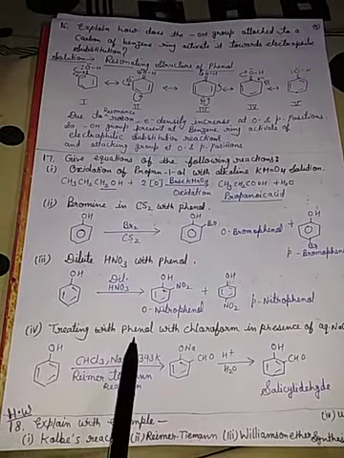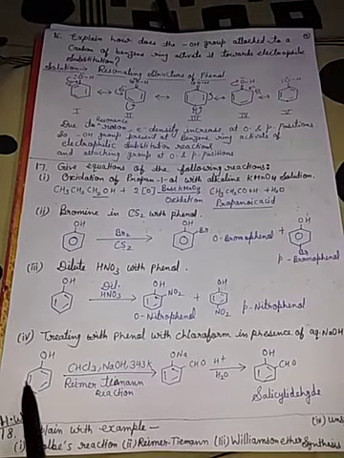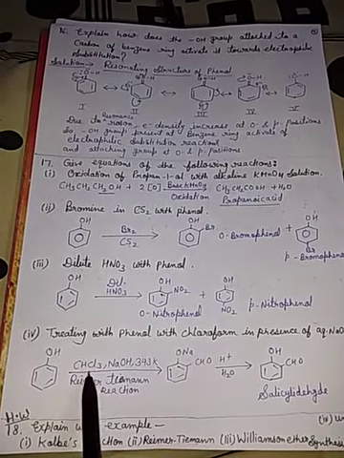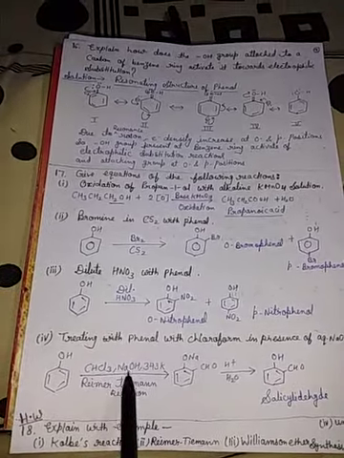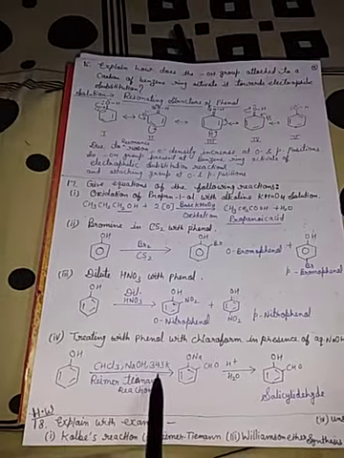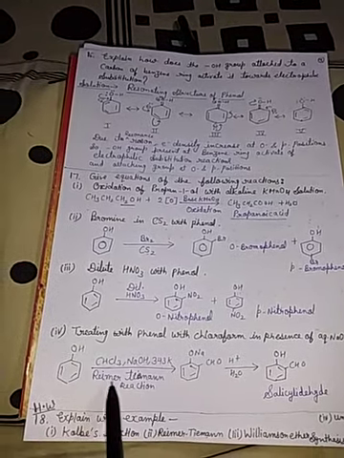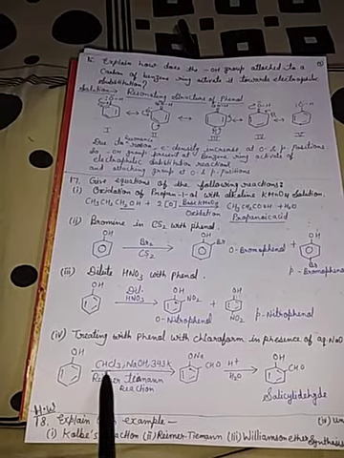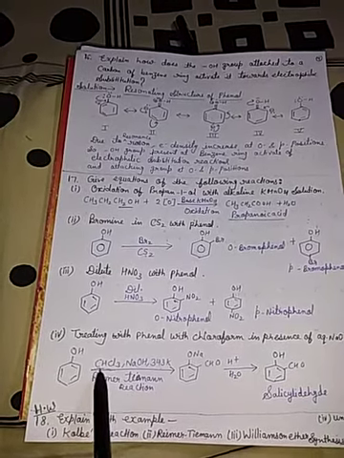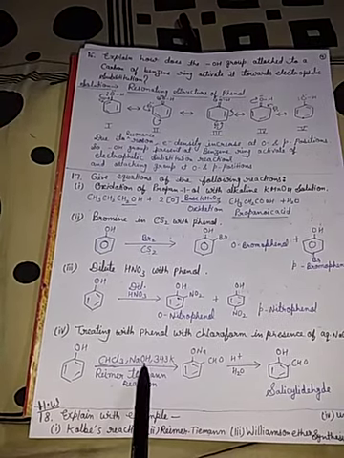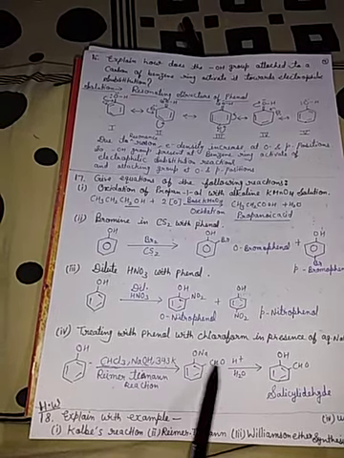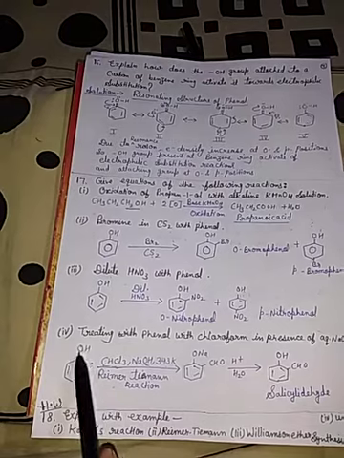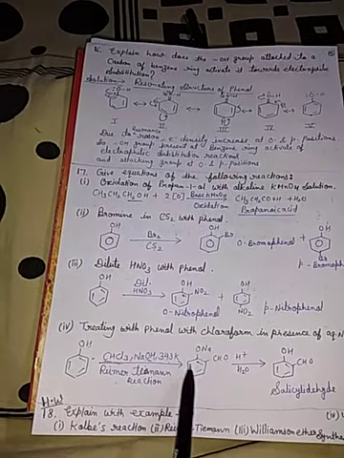Fourth is treating phenol with chloroform. We take phenol with chloroform, CHCl3, in the presence of NaOH at 343 Kelvin. This is the named reaction, the Reimer-Tiemann reaction. The CHCl3 gives the CH group attached with oxygen at the ortho position as CHO, and Na replaces hydrogen, giving sodium phenoxide.